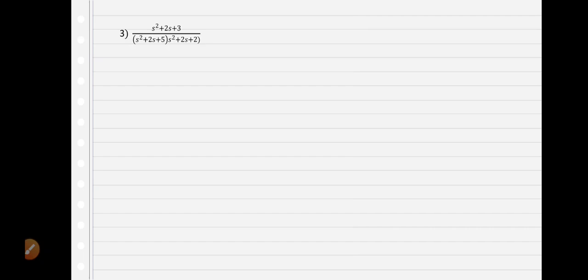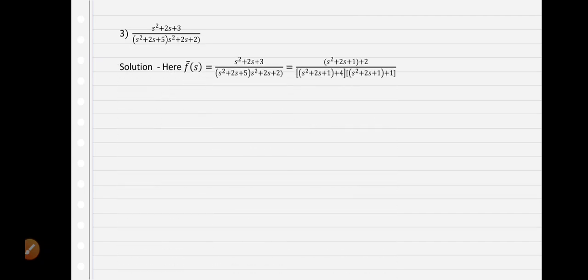So this example is a unique one, and here you have to use two methods to find the inverse: the shifting theorem and partial fractions. First, the degree of the numerator is 2, the degree of the denominator is 4, so we can apply the partial fraction method here. So let's go for the solution.